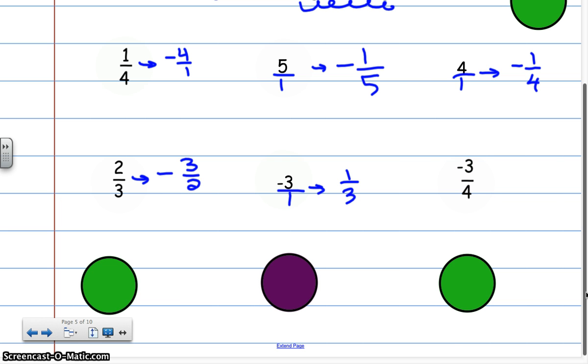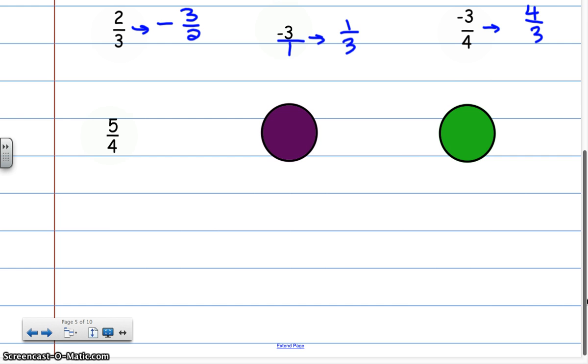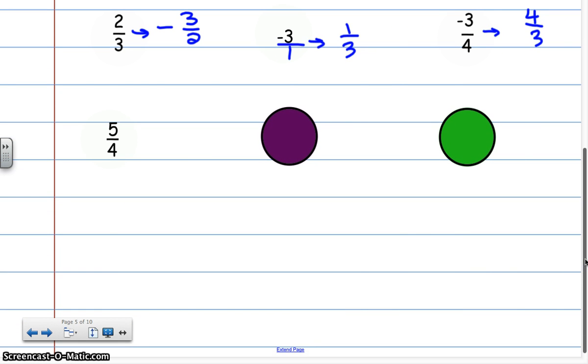-3/4, don't blurt it. Zachary. 4 over 3. Positive 4 over 3. So right now, you're doing really good at identifying the perpendicular slope. Keep this up, okay? Emily, what would our perpendicular slope be? -4/5, yes.